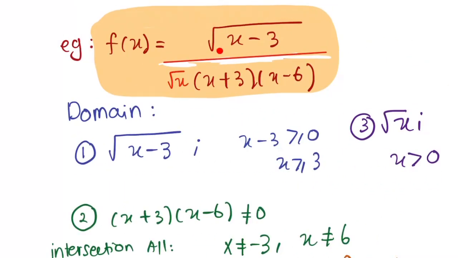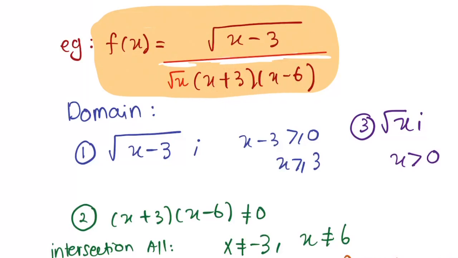Now let's see the next question. You have a combination of numerator and also denominator. For the numerator, it is a square root function. So we know that the number under the radical must be more or equal to 0. This is just a linear inequality. Let's solve. Bring minus 3 to the right hand side. So we're finished with this. Let's see the next one. This is for your denominator.